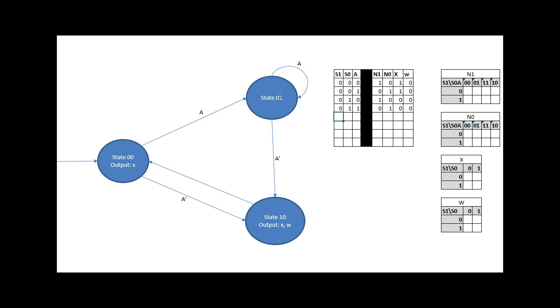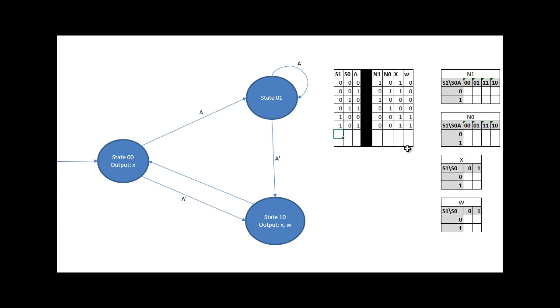Now if I'm at state 1,0 and I assert not A, I'm going to go to state 0,0, and when I was at state 1,0, W and X both were turned on. If I'm at state 1,0 and I assert 1, I'm again going to go to state 0,0, and when I was at state 1,0, both X and W were turned on.